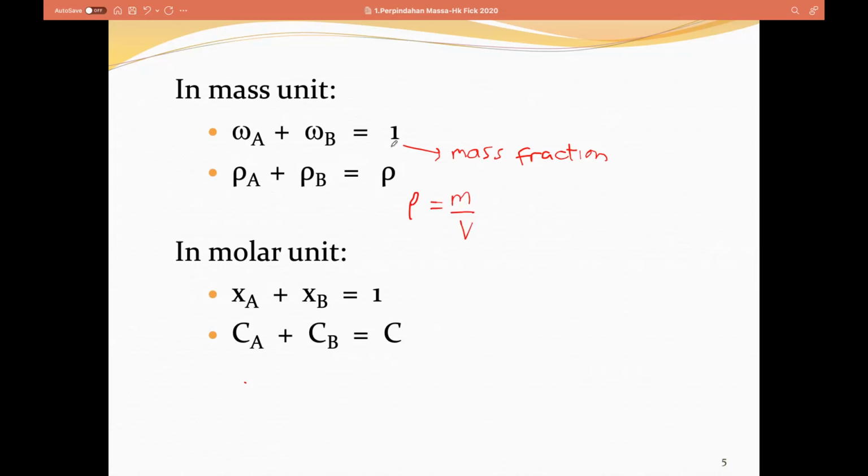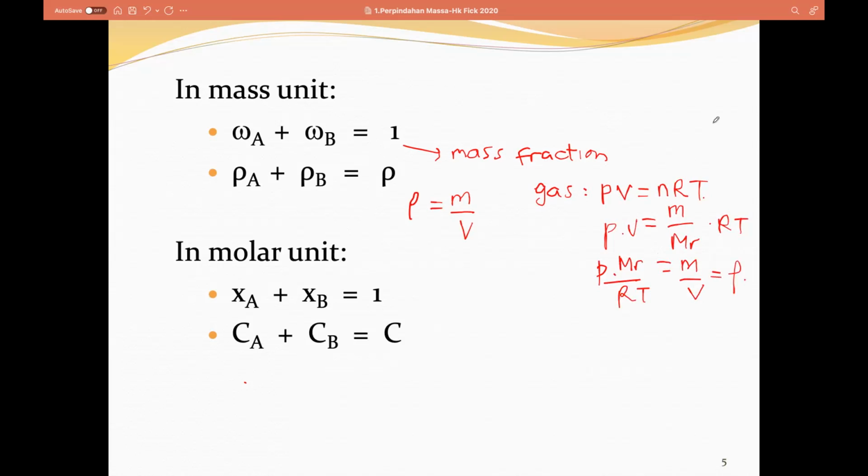For a gas you can use PV equals nRT, so rho is PM over RT. So for mass transfer, if you have the amount in a mass unit divided by the volume, that becomes rho.